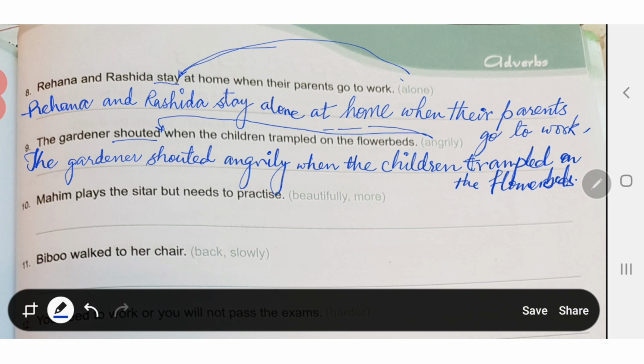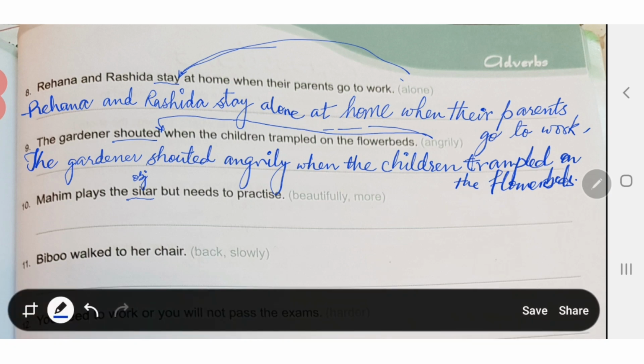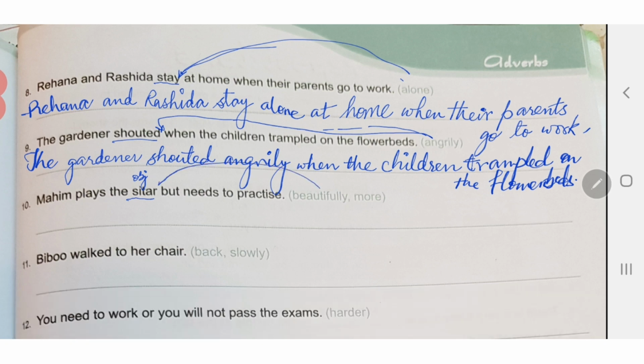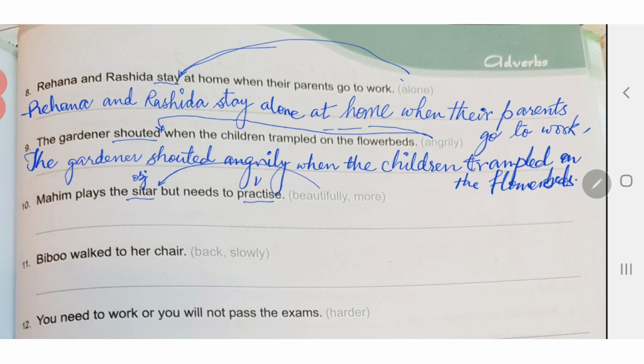So students, can anyone tell what is the object given here? Yes, this is the object. Therefore, beautifully would be describing this object, so we should prefer putting it after the object. But needs to practice, and we have a main verb also, right students? So this "more" should be placed after the verb.